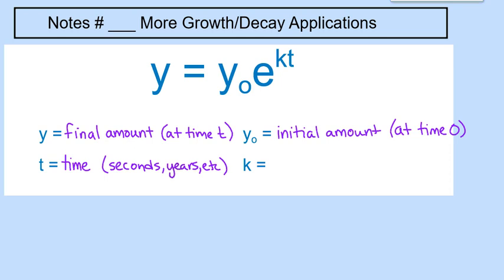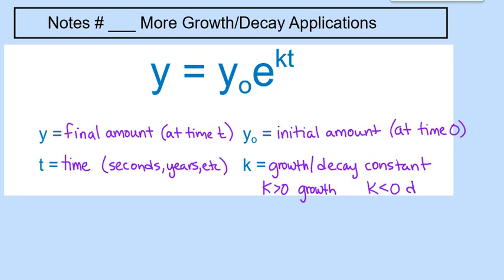And K is the growth or decay constant. If K is a positive number, it will be growth. If K is a negative number, it will be decay.